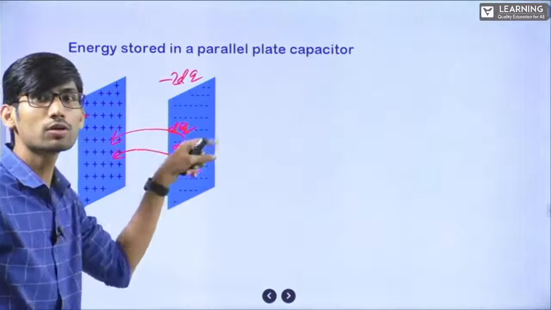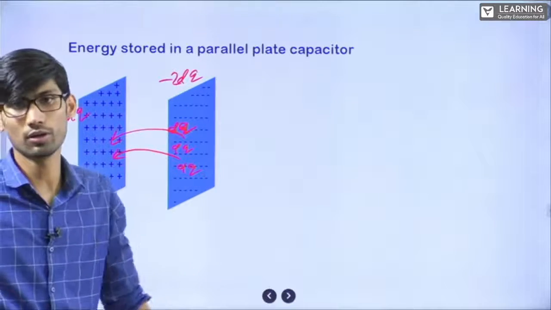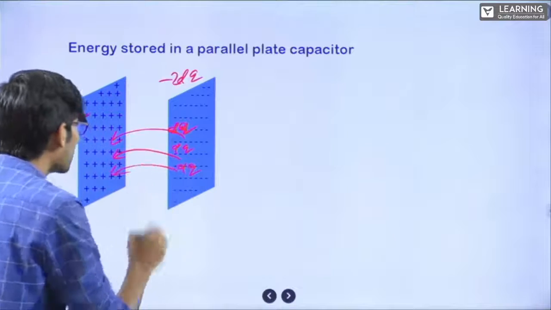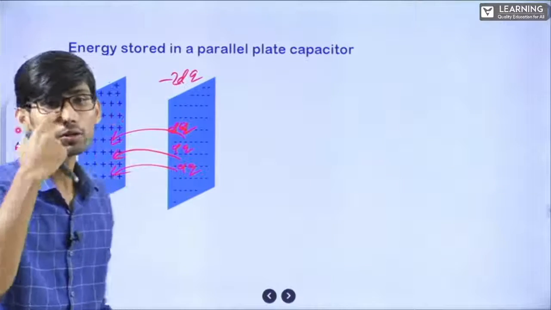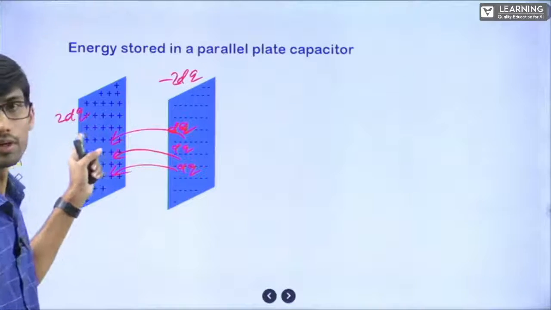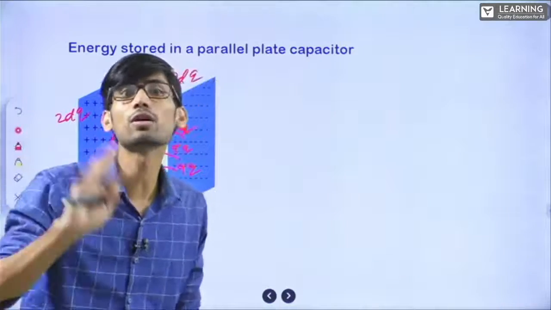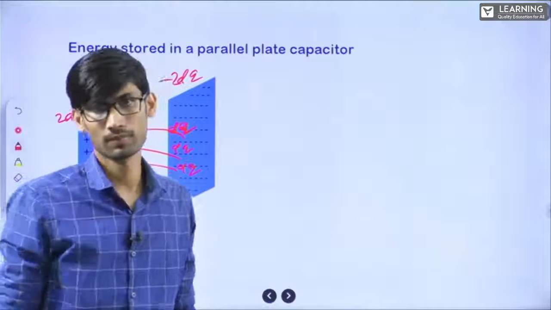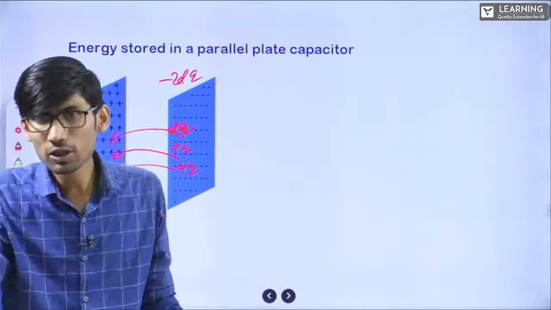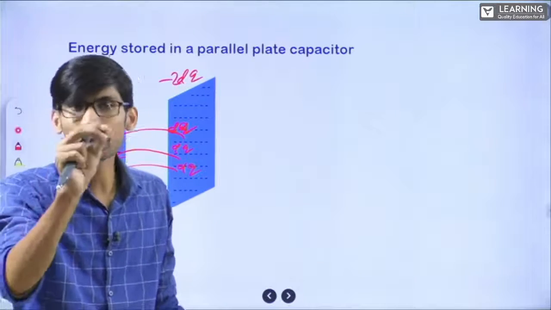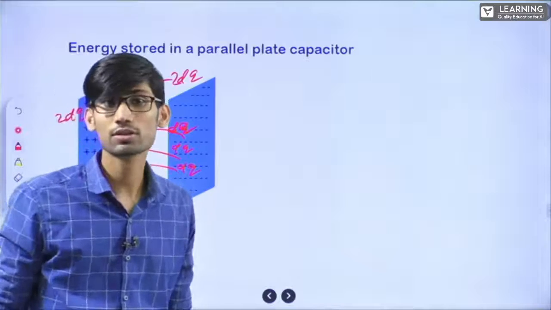Already minus 2 dq are there. If I transfer it here, I have to do more work, because already it is plus 2 dq. It will repel more. So every time the work is increasing. Work is not constant, work is variable. For every dq there is a small dw work, which is variable.